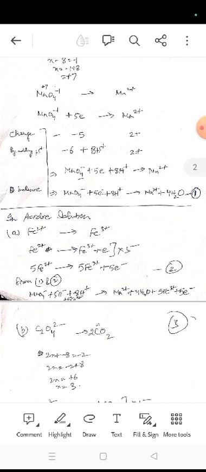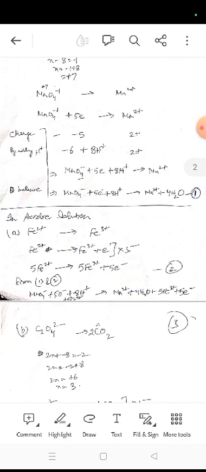So multiply by 5, and we get 5Fe2+ gives you 5Fe3+ plus 5 electrons. Adding these 1 and 2 equations gives permanganate plus 5 electrons plus 8H+ on the left, and on the right hand side Mn2+ plus 4H2O plus 5Fe3+ plus 5 electrons. In this way we get the balanced equation.